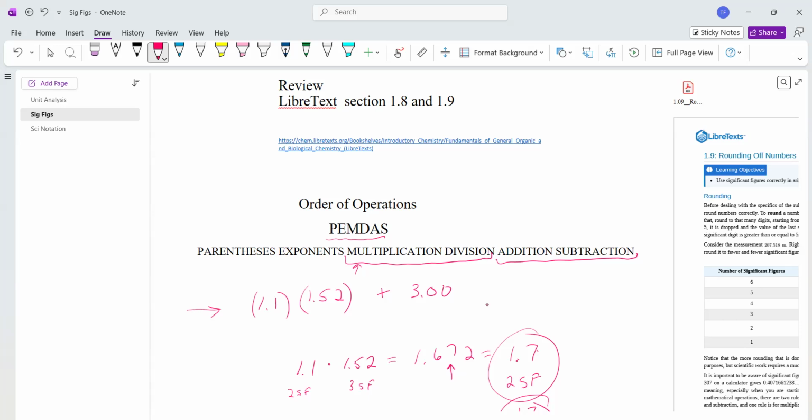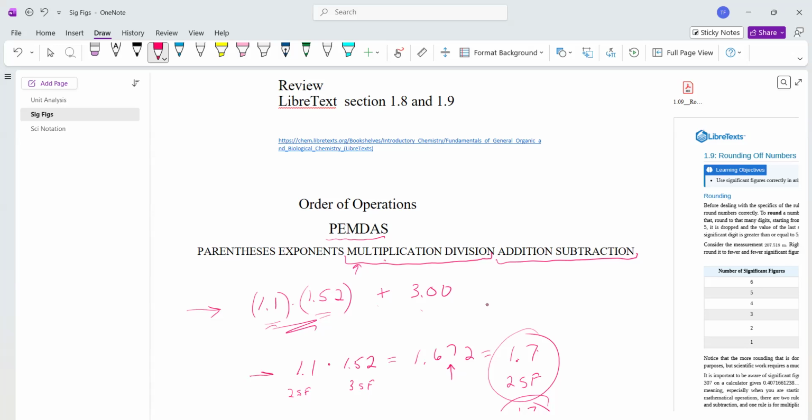Okay, so these parentheses don't define an operation. It's just separating this number from that number. However, this is a multiplication problem right here. So that falls right here. So that means this is an addition problem here. Multiplications are done before addition. So we have to do the multiplication part first.